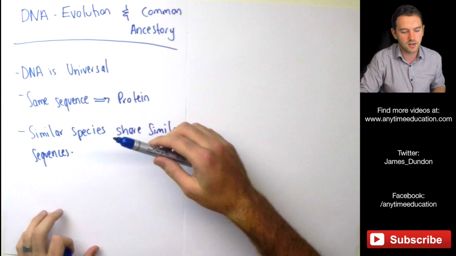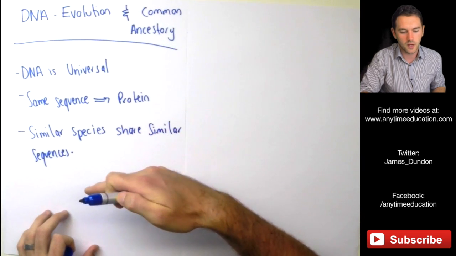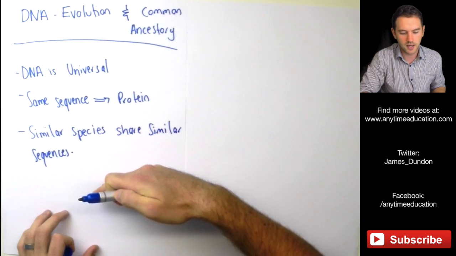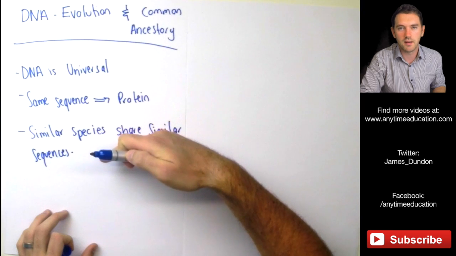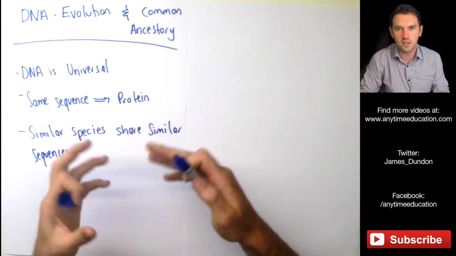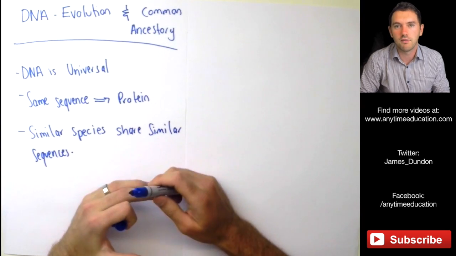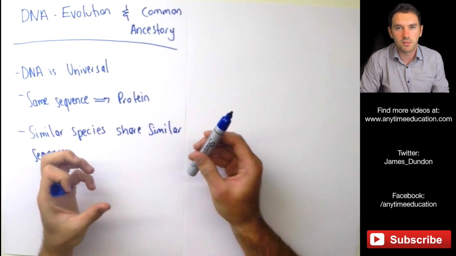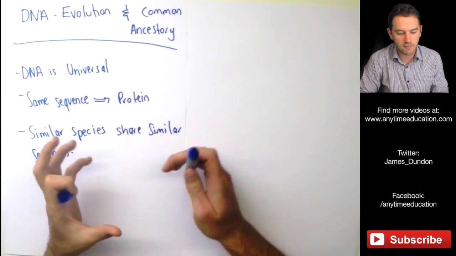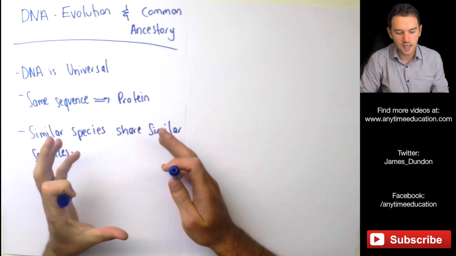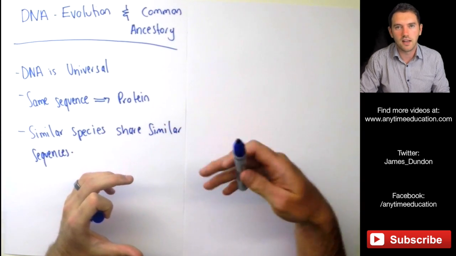So there must be some kind of connection where one species can pass that information on, and then perhaps through mutation we get changes, and then some of that population has a reproductive advantage. That reproductive advantage leads to that part of the population surviving and passing on, and so on and so on.